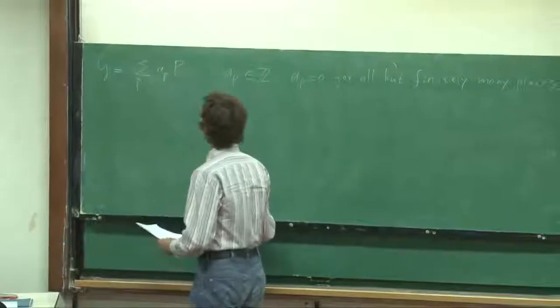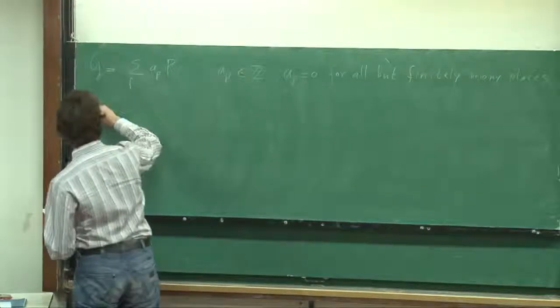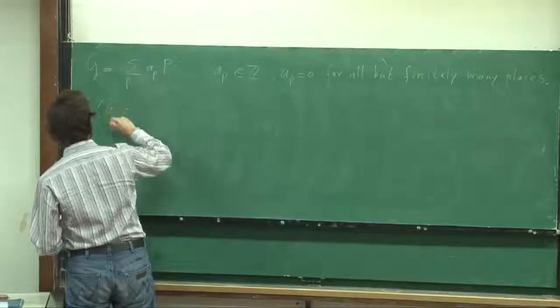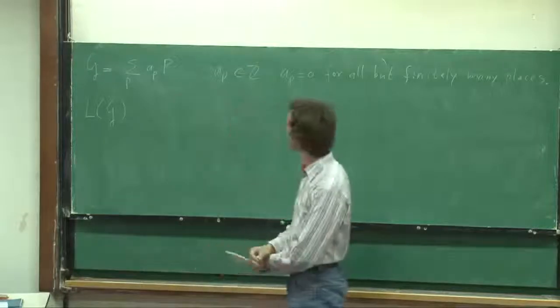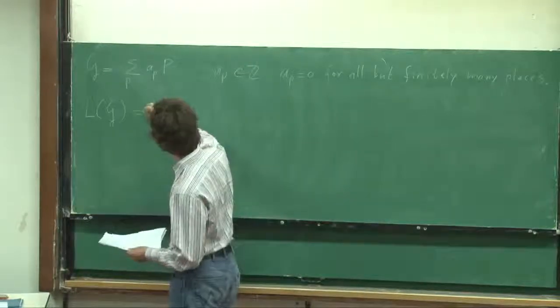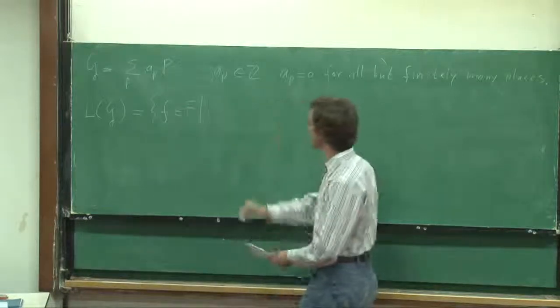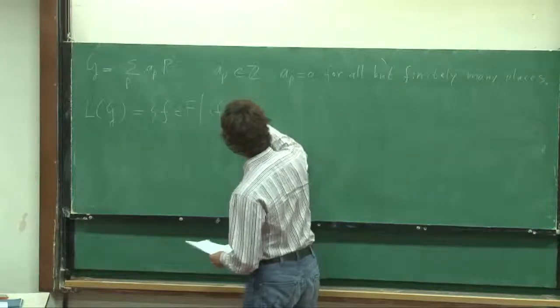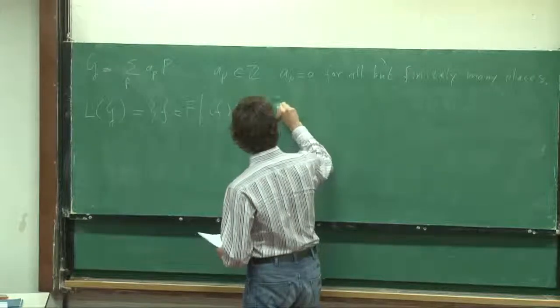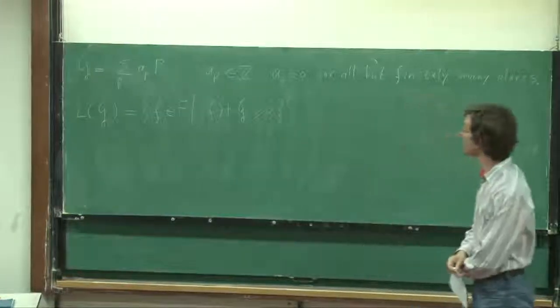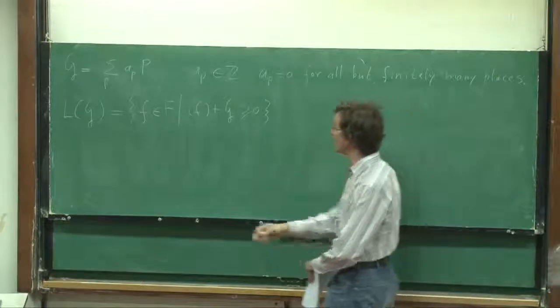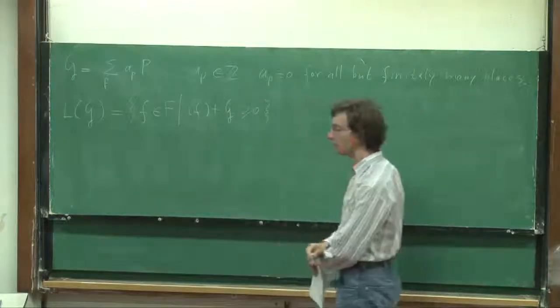The point about these divisors is that they allow you to select functions from the function field in a special way. So we want to look at so-called L spaces or Riemann spaces, and they are collections of functions satisfying this.